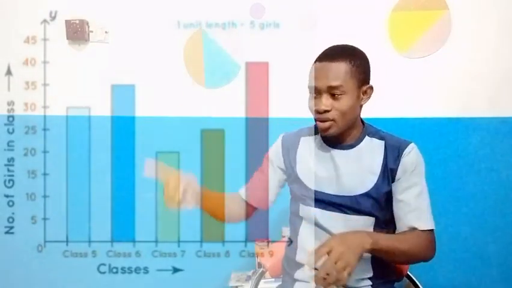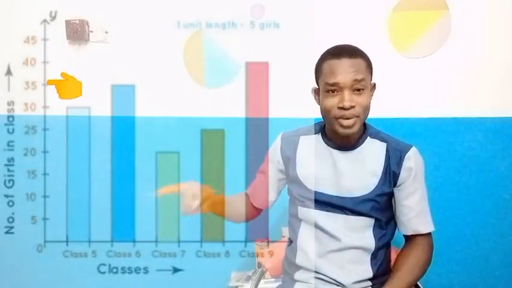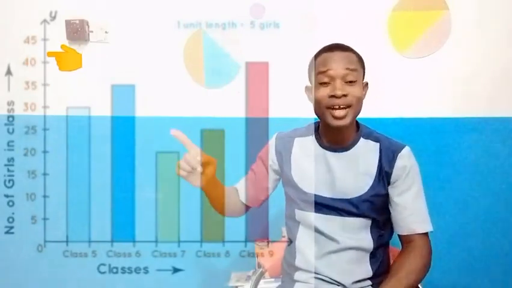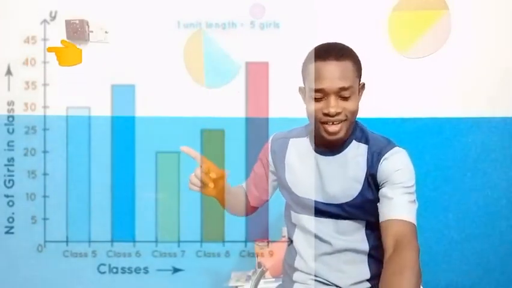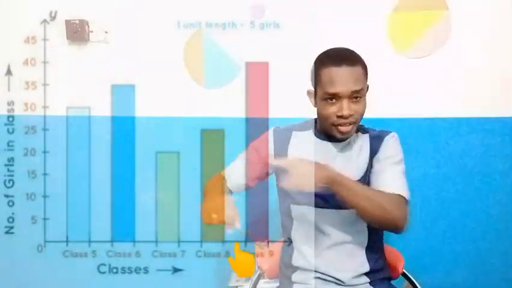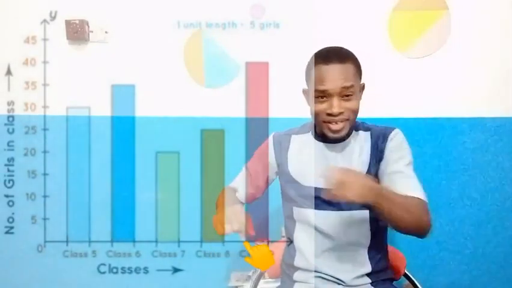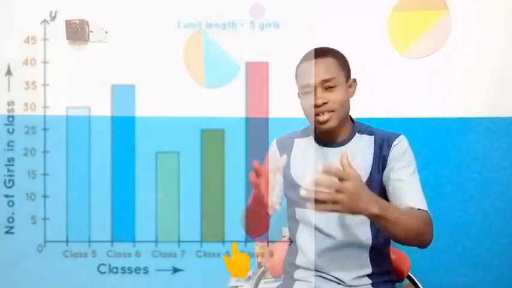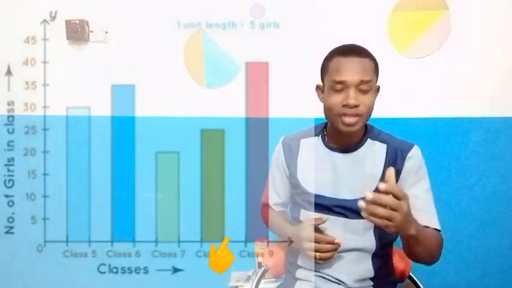Now if you look at the vertical line of the bar chart, you will notice that you have the number of girls in class. Okay? And then the horizontal line, you will notice that we have the classes, class 5, class 6, class 7, class 8, and of course, class 9.